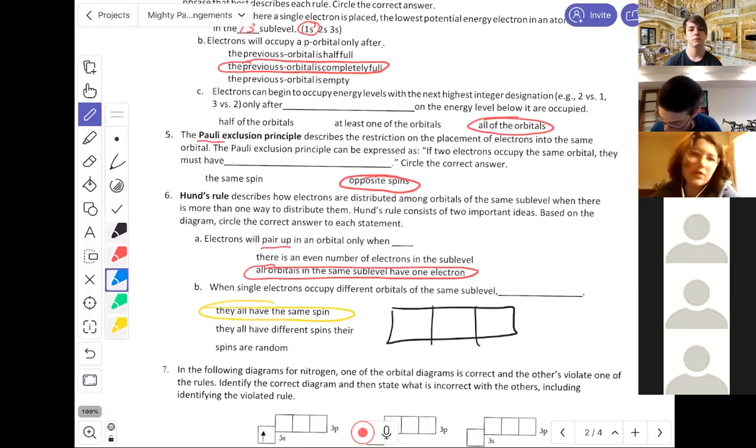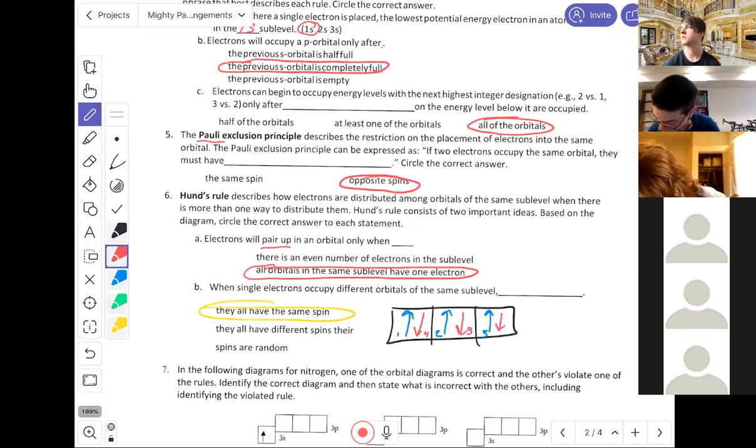Electron number 1, electron number 2, electron number 3, and then you'd fit back in and say electron number 4, electron number 5, and electron number 6. So up, up, up, and then down, down, down. That's how you pack electrons in. It's like if you're trying to pack a box, you have to do it with some sort of order, otherwise it doesn't work.